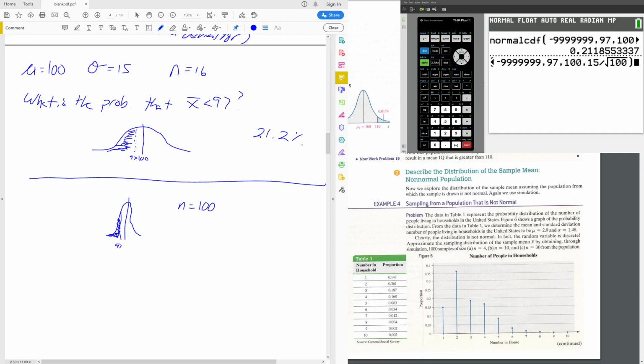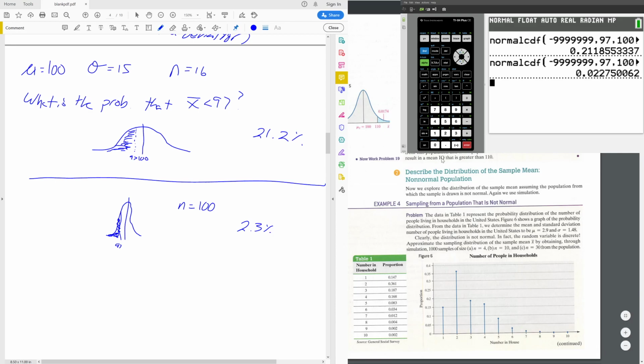And if I answer that question, I get approximately 2.3%. Right, and so we got a pretty big jump from a 21.2% chance of getting an average that's less than 97 to a 2.3% chance that the x-bar, that the average, is less than 97, because we're sampling a lot more people. So I hope that makes sense to you guys.